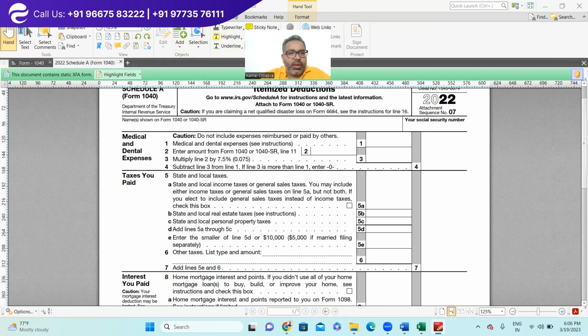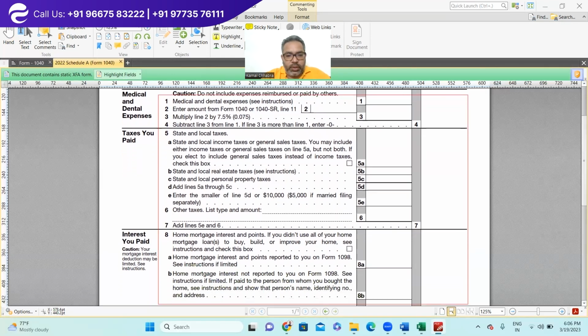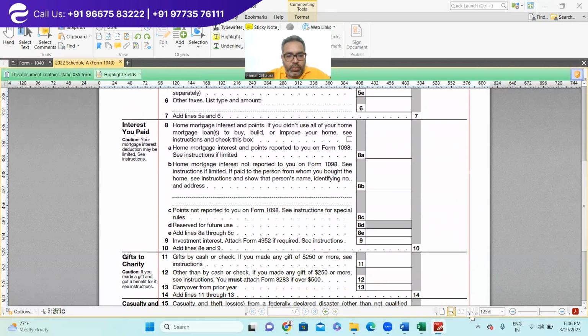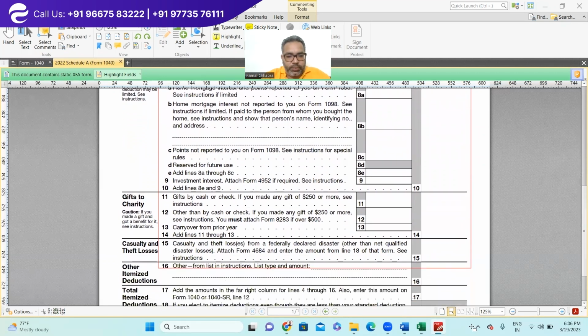What all comes in Schedule A is all your deductions, right? It has nothing to do with foreign incomes. There's no such thing as foreign income there.